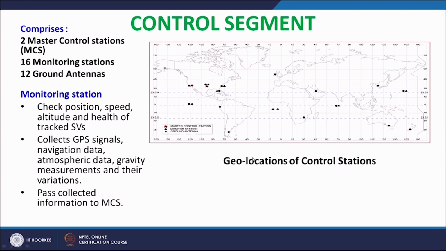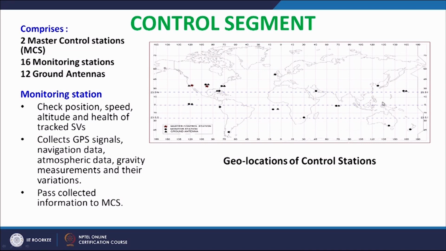The black circular balls are monitoring stations, and we can see that most of them are placed along the equatorial plane or by the side of the equatorial plane, within about 23.5 degrees. The black triangular figures show the location of the ground antennas, and mostly they are present by the side of the monitoring stations, and these stations are spread over the whole earth.